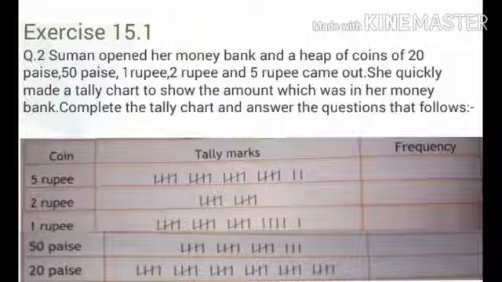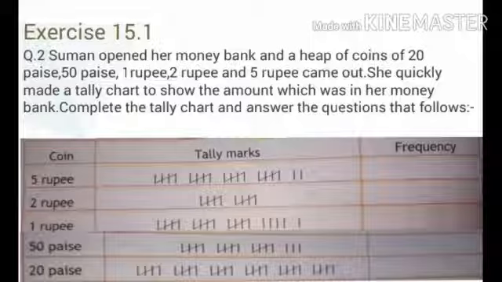You draw a line in slanting position. So here it will be 5. Okay, 5, 10, 15, 20, 20 plus 1, 21. So in 1 rupee it will be 21.